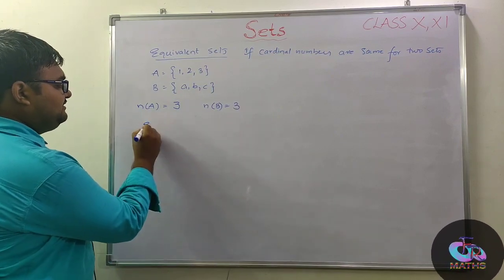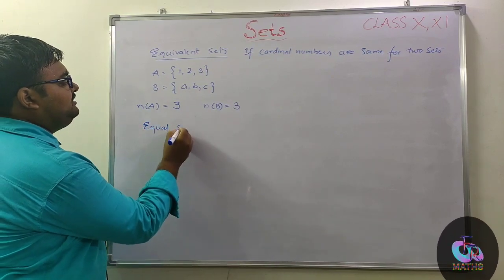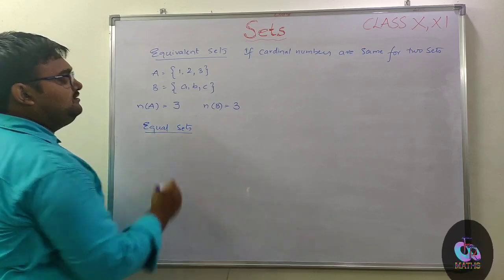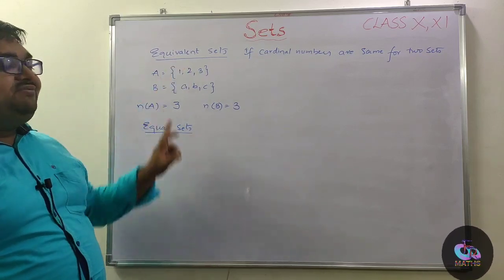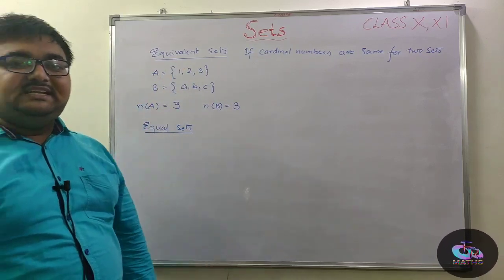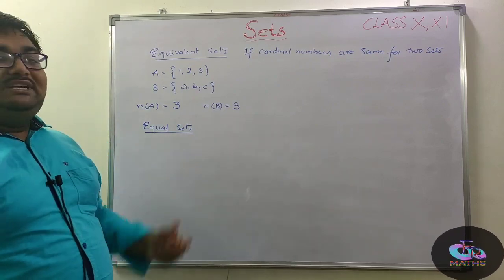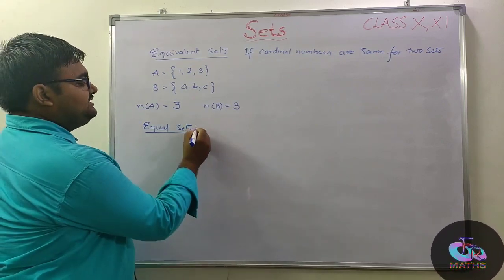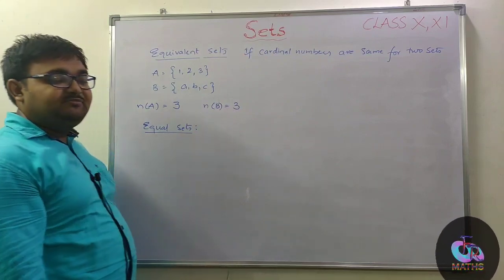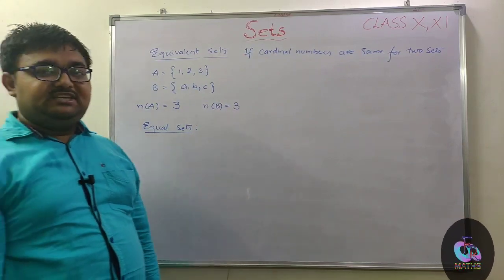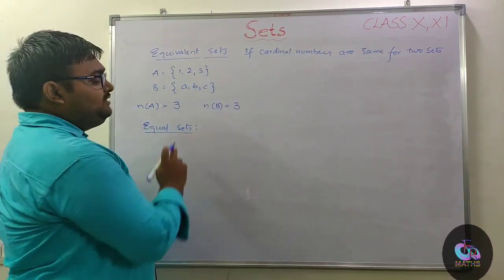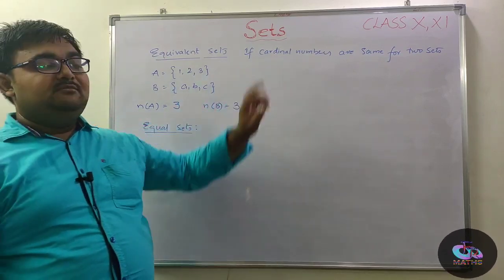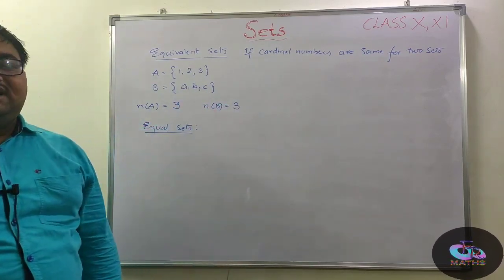Next is equal sets. You need to differentiate between equivalent sets and equal sets. Equivalent sets means their cardinal numbers should be the same. In equal sets, along with the cardinal number, it should satisfy one more condition.